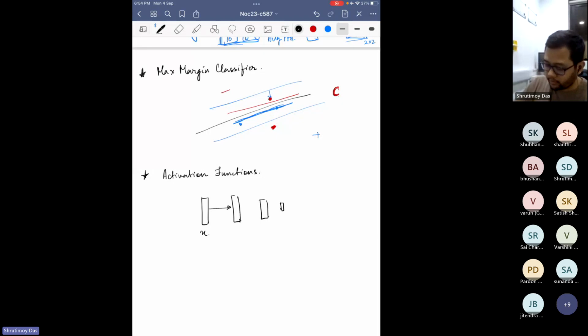Then you multiply this by some weight matrix W1x. Suppose this is your H1. Then your H2 will be W2H1, and your H3 will be W3H2, and this is your output.